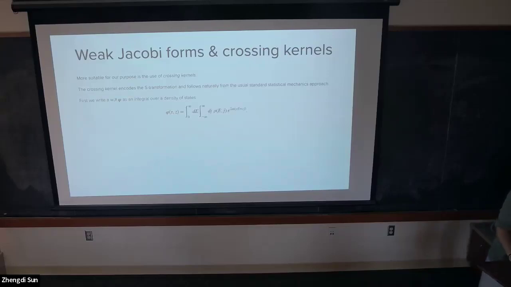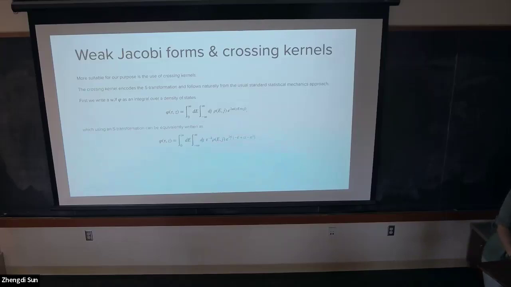First, we write the Jacobi form as an integral over a density of states. And here, this rho should be seen as a sum over delta functions that is multiplied by the coefficients that showed up in the Fourier expansion. And I should make a small disclaimer that this isn't really a density of states because the coefficients can be negative, but for all intents and purposes, you can see it as a density of states.